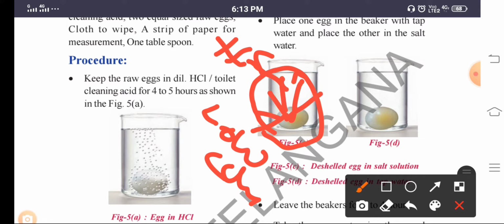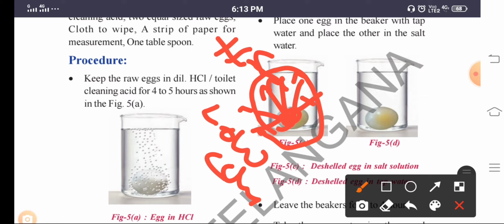When the water moves from the egg into the beaker, the egg will shrink, means the size of the egg will decrease. Shrinkage means folding, the size of the egg decreases because of loss of water by osmosis through the plasma membrane.